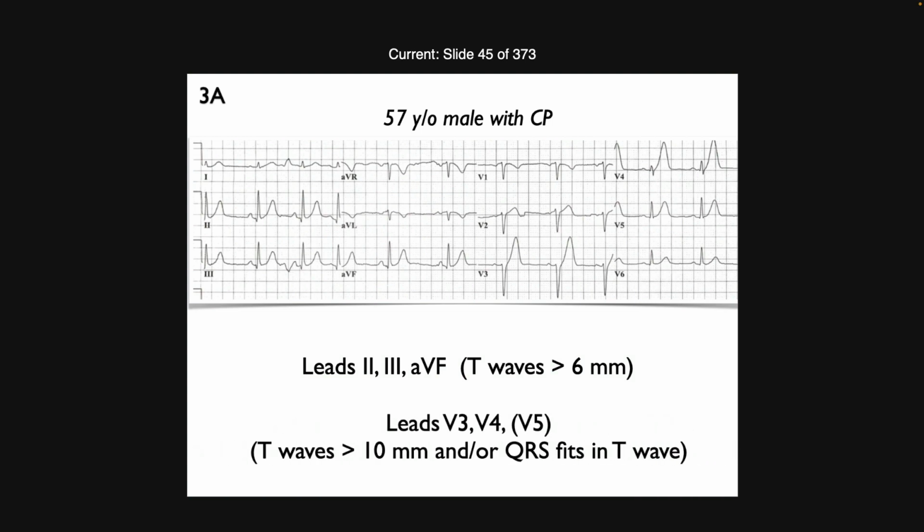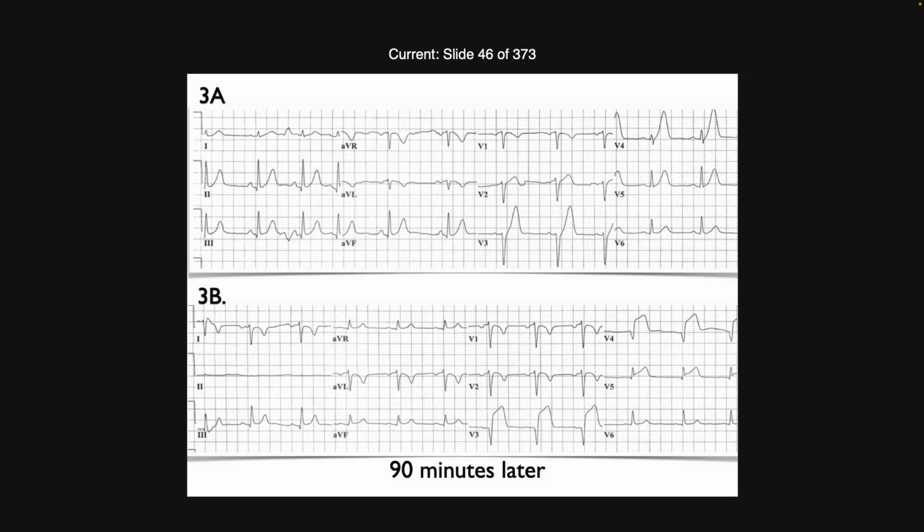Okay. So this is one where we can look. I've got another 12 lead. So this is the original 3A, and this is 90 minutes later. And we can say, oh yeah, because we didn't actually have criteria for an anterior STEMI here, right? We didn't have ST elevation. All we had was these great big T waves.